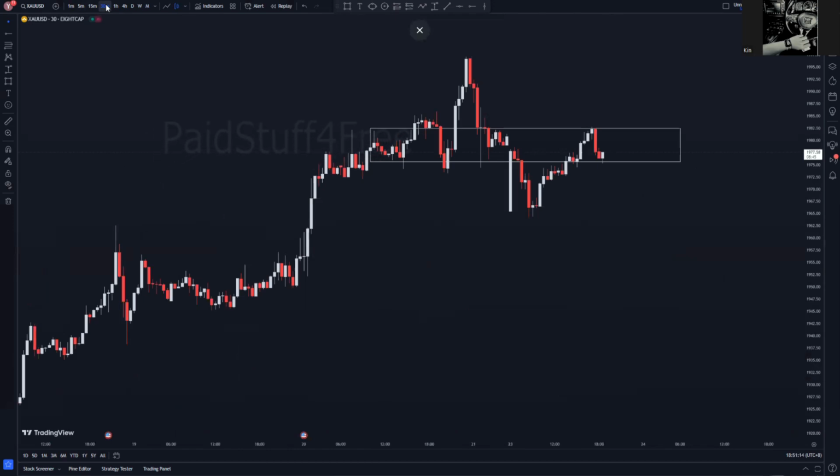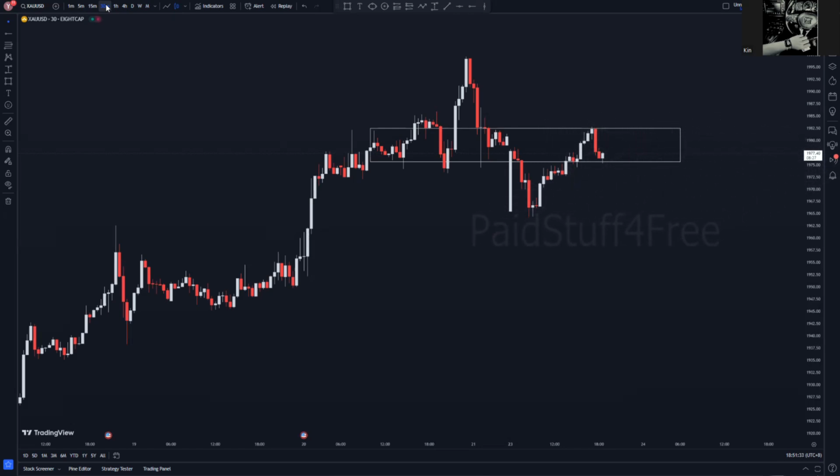Is there a scenario where we need to exit the trade at break even? No, for me there is no scenario where we put our entry on break even. It depends on the trader itself.